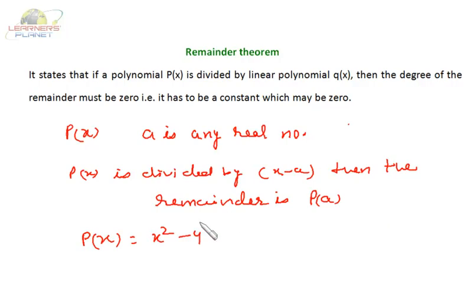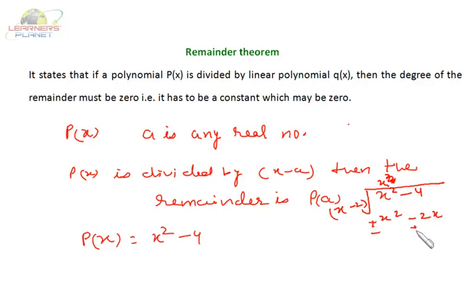So let's divide x square minus 4 by x minus 2. I do it over here. So it's x square minus 2x, and it is 2x minus 4.